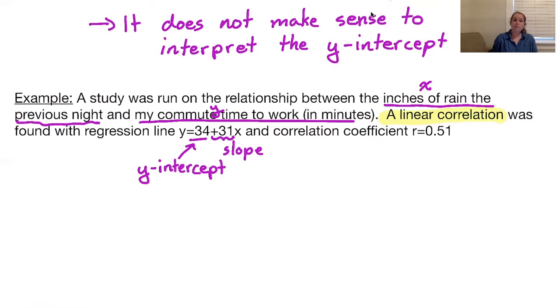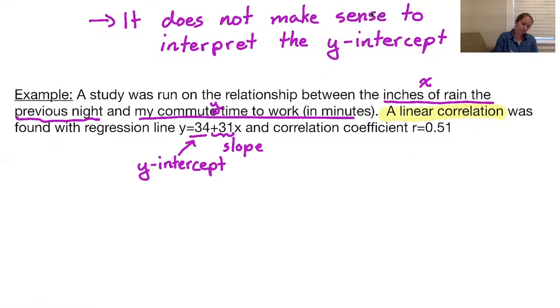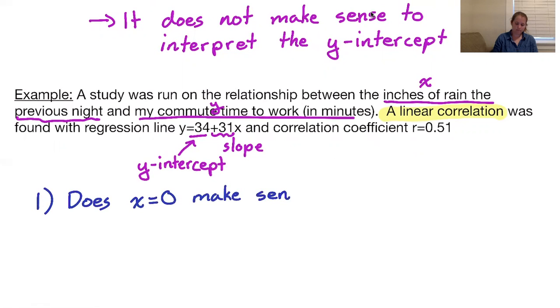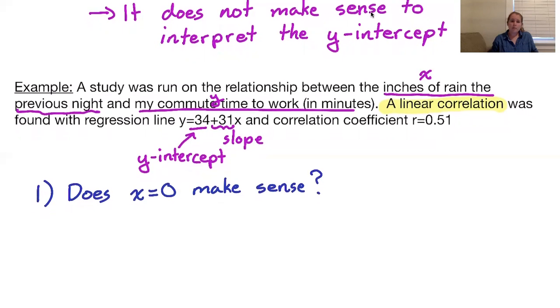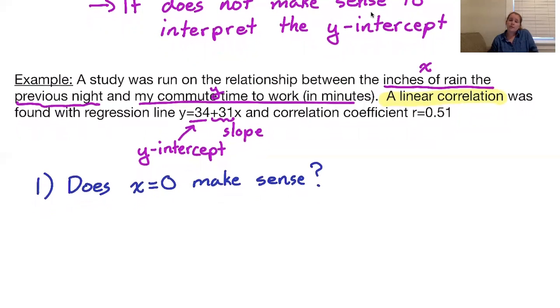So we run through the problem. First thing we need to ask, does x equals 0 make sense? So when x equals 0, that means that we are saying that there were 0 inches of rain the previous night.